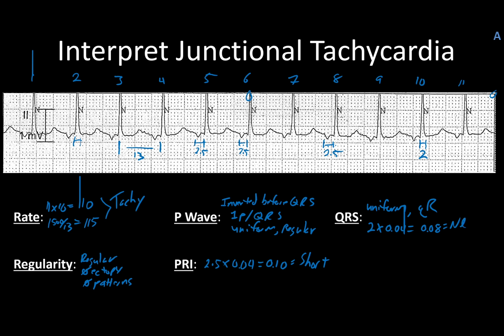And that's normal. It's a narrow complex. That's more of what we're looking for. Is it narrow or wide? This is definitely narrow, no matter how you dice it. So at that point, we have a fast rhythm that is regular, inverted P wave, short PRI, and a normal QRS.